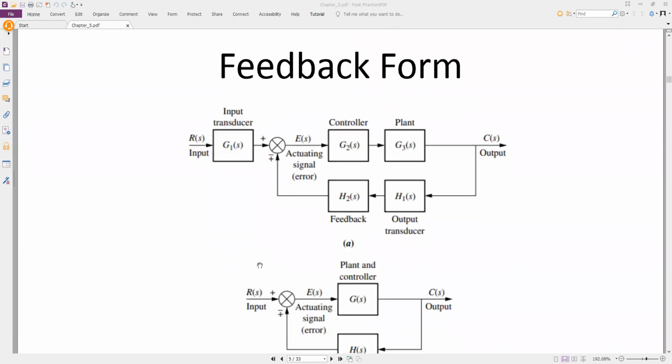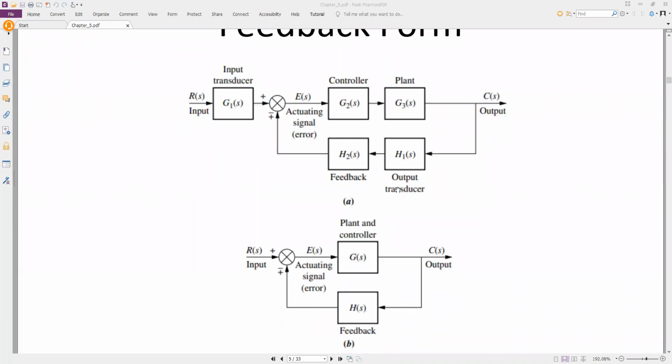And the feedback form is also there. R is the input, C is the output. See the feedback, the input transducer. Each one of these is a feedback, right? But we can reduce the feedback with a technique.